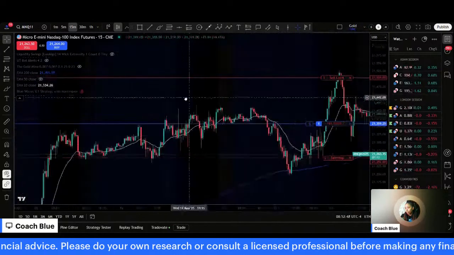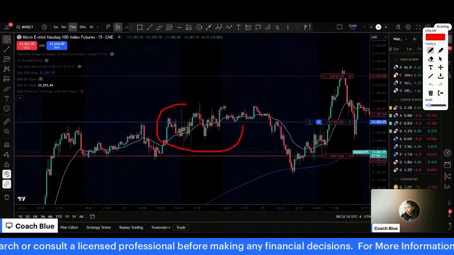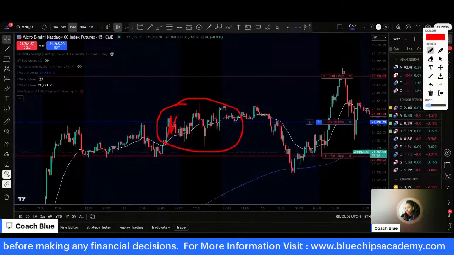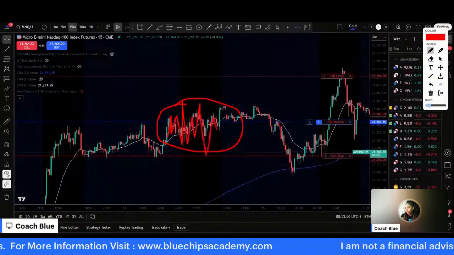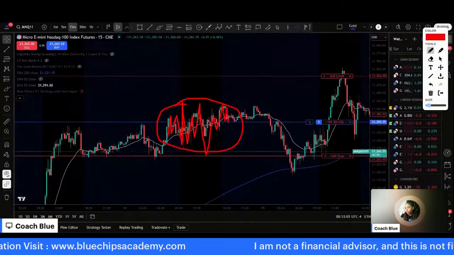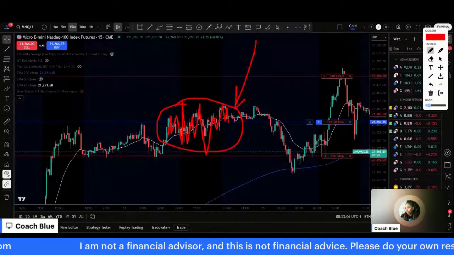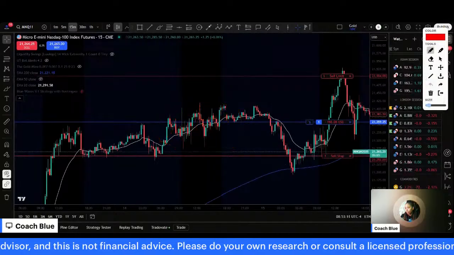I want you to put your eyes on this area. This is consolidation, where price is just kind of choppy. It's moving up and down, wicks everywhere. You cannot make money in these types of conditions. Price is moving back and forth, back and forth.